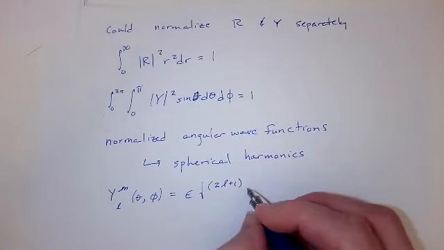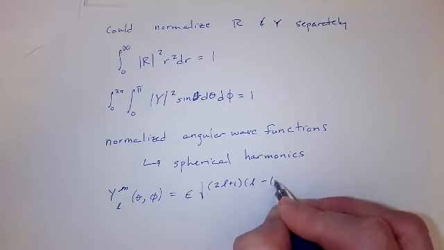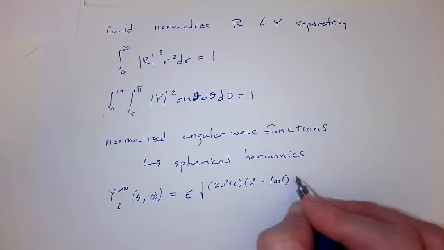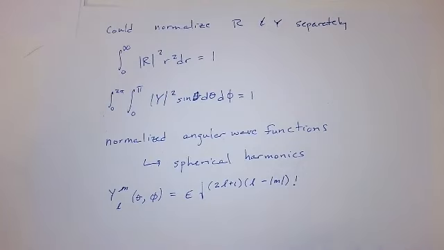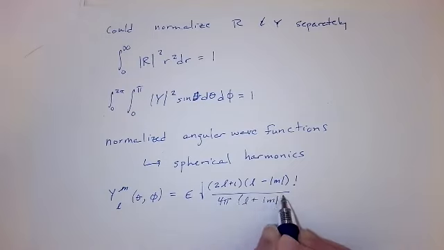But we've got 2L plus 1, and we've got L minus the absolute value of m, and that's going to be a factorial. And on the bottom, we have 4 pi times L plus the magnitude of m, again with a factorial.